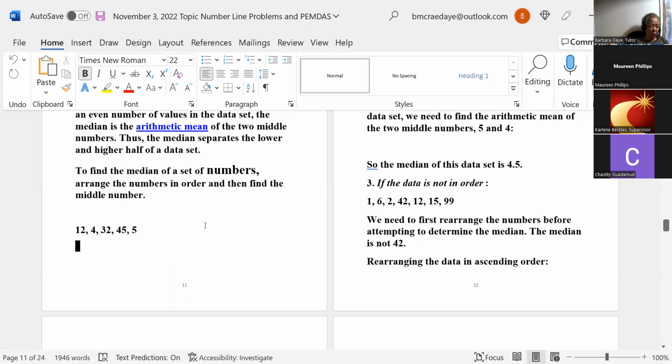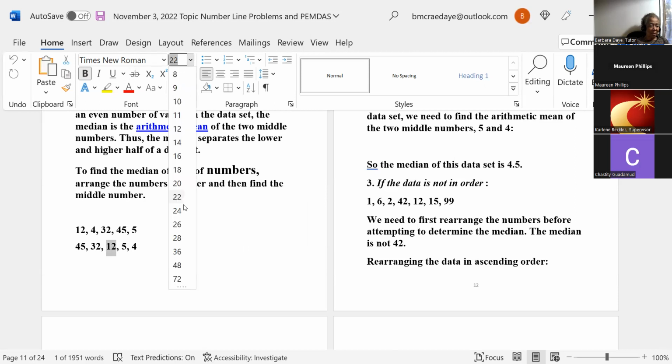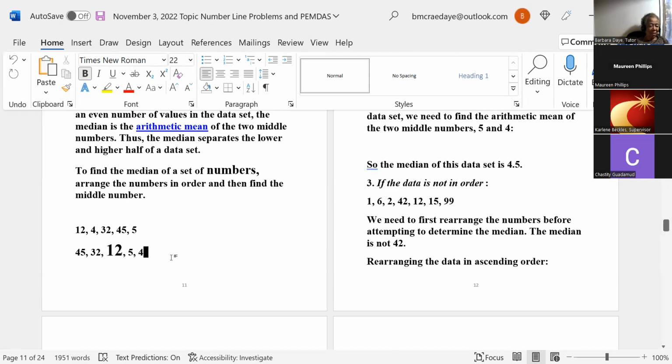What would be first? 45. 32. 12. 5 and 4. Now, there are 5 numbers, so one number is there in the middle. What is that number? 12. There it is right there. And that number is in the middle. So 12 is the median.